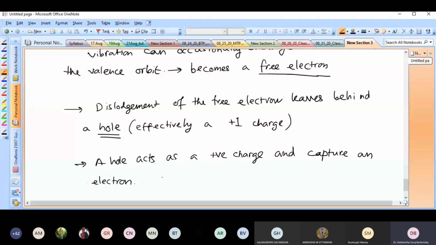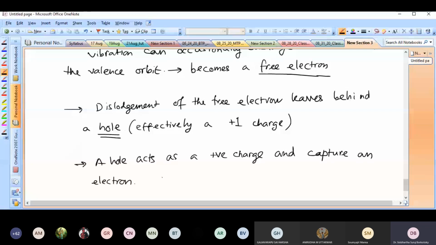That is what electronics is all about, at least at the device level. When you do the circuitry, it looks like an electrical circuit, but when you go deeper to the device level, you see that there is always some interplay of holes and free electrons going on.